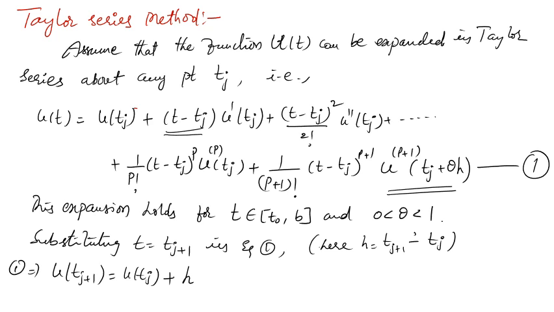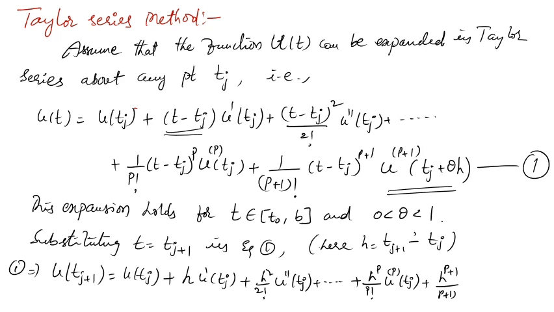So h into u dash tj plus h square by factorial 2 u double dash tj and so on, plus the pth term, h to the power of p by p factorial, the pth derivative of u at tj, and h to the power of p plus 1 by (p plus 1) factorial, the (p plus 1)th derivative of u at tj plus theta h.